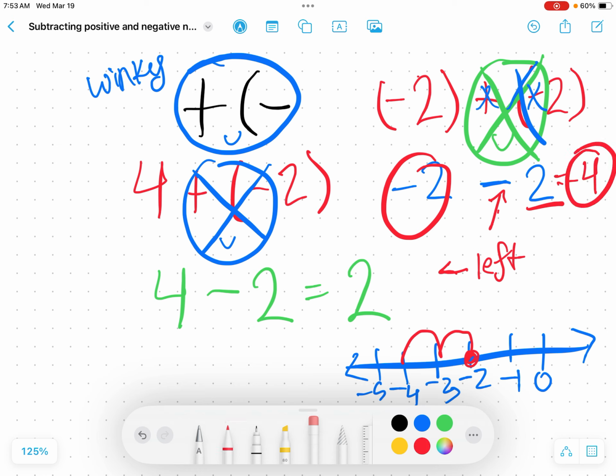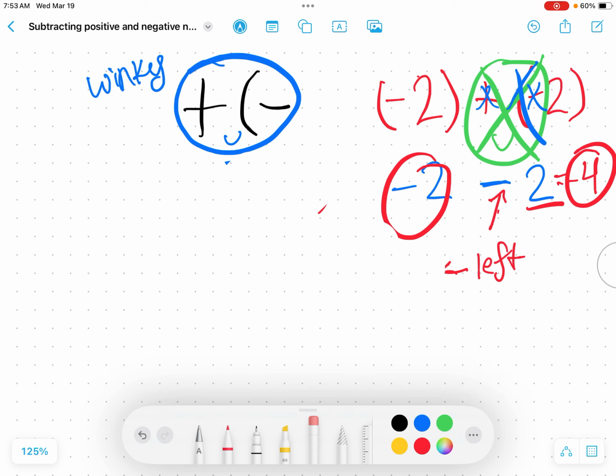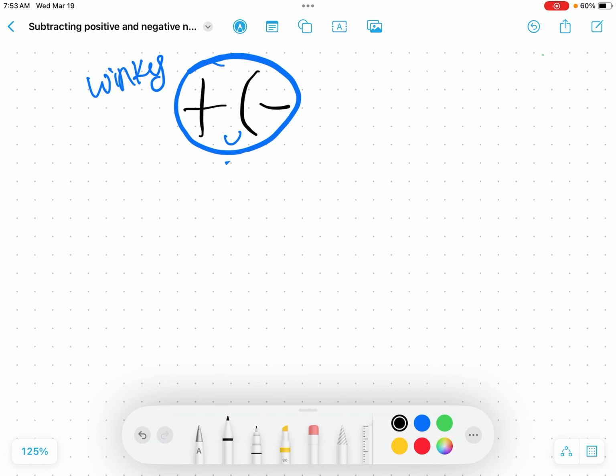Okay? In partnership with the winky face, you have a squinty face, which is where subtracting positive and negative integers comes in. So that's the winky face. And this right here is Senior Squinty Face.